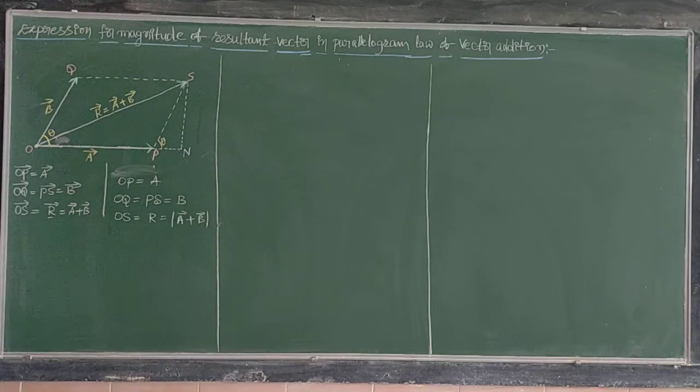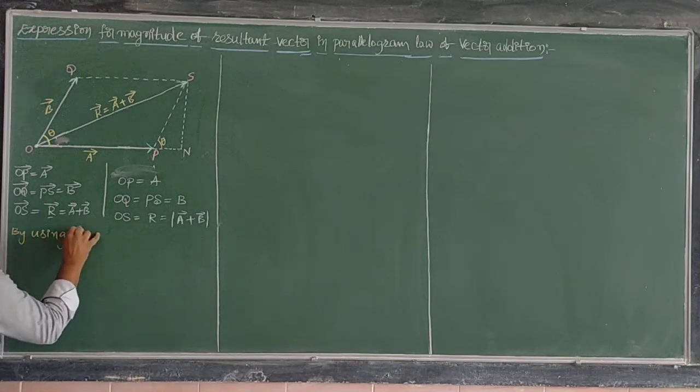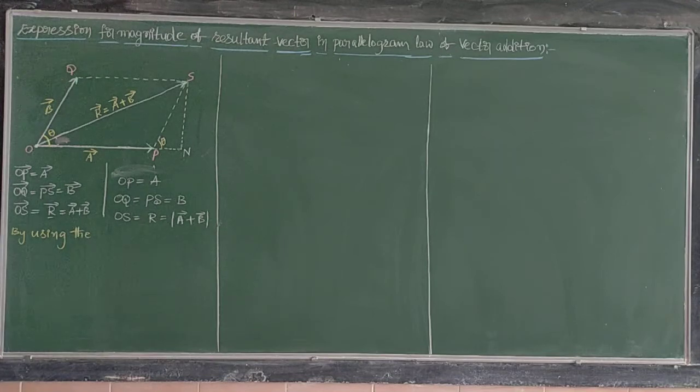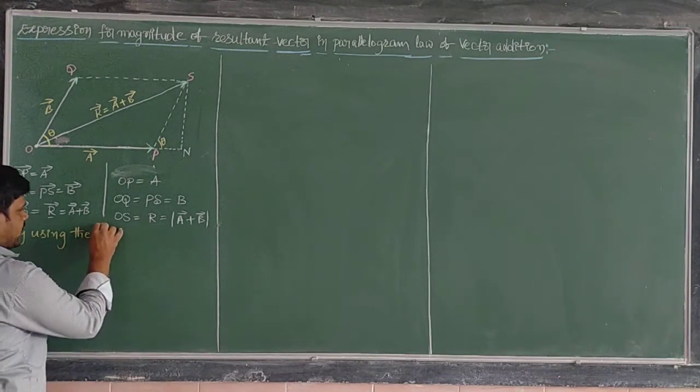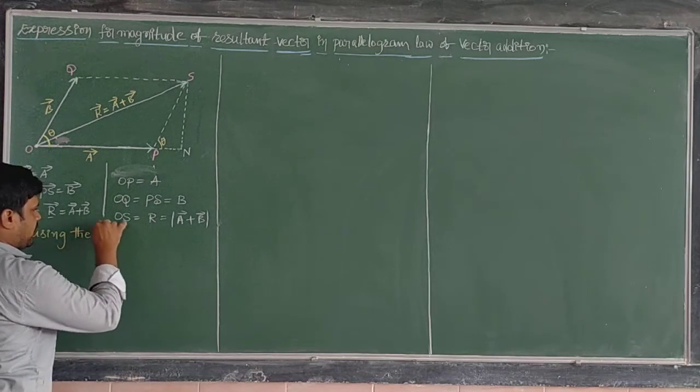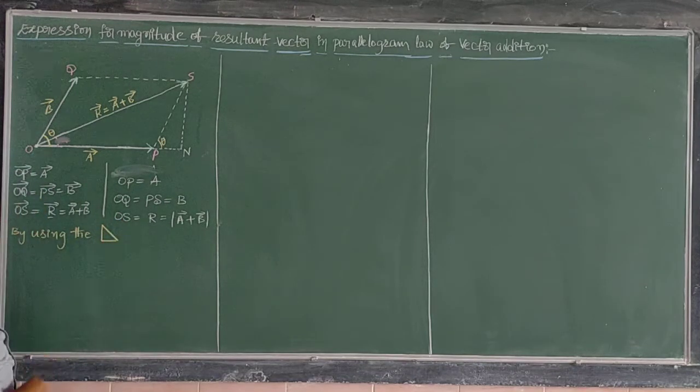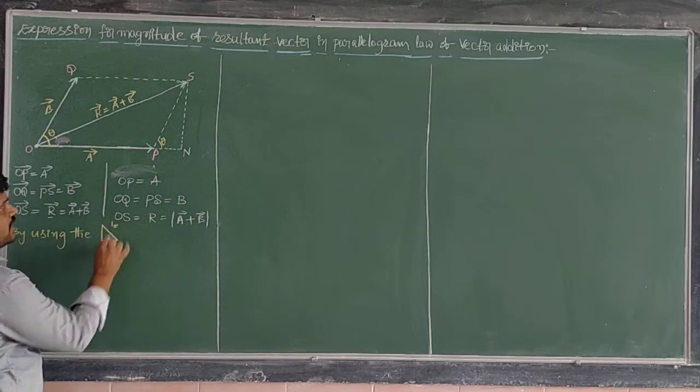Now for this one, by using the right angle triangle. See, this is the symbol for right angle triangle.